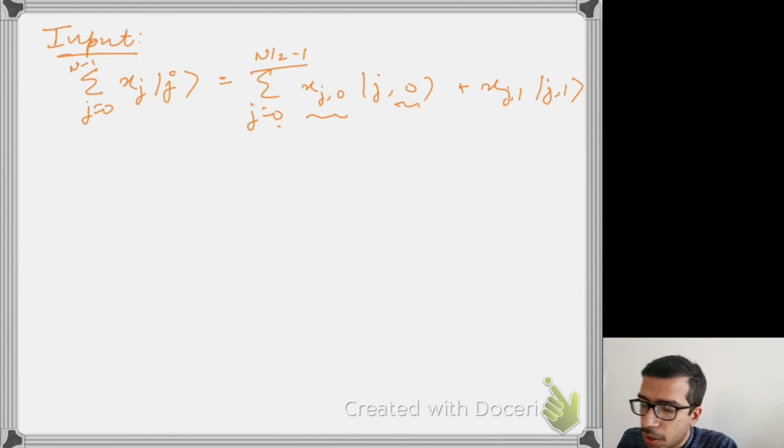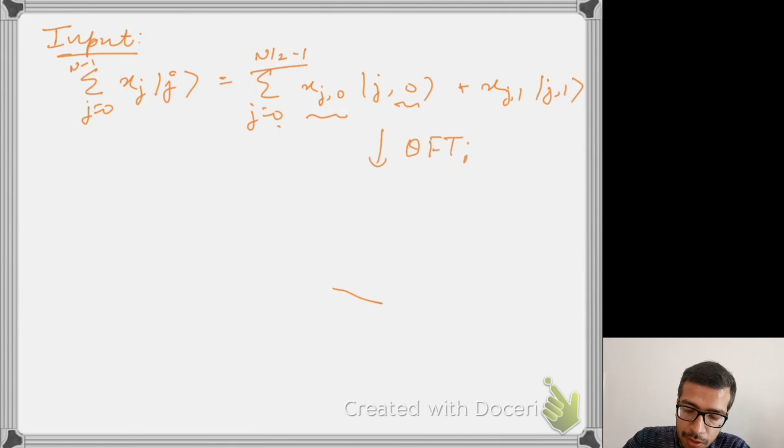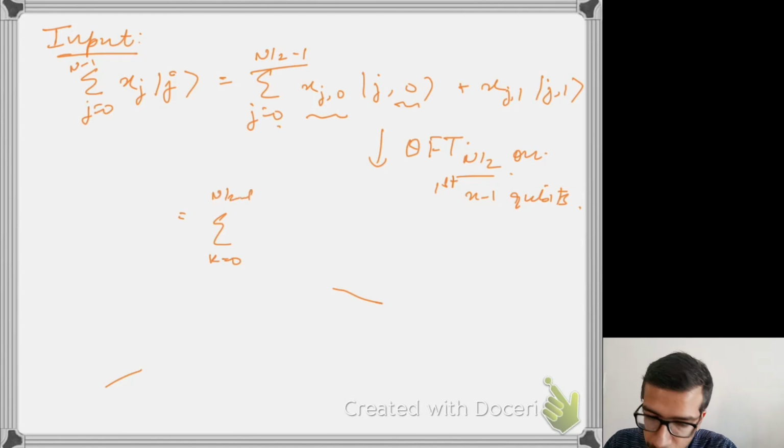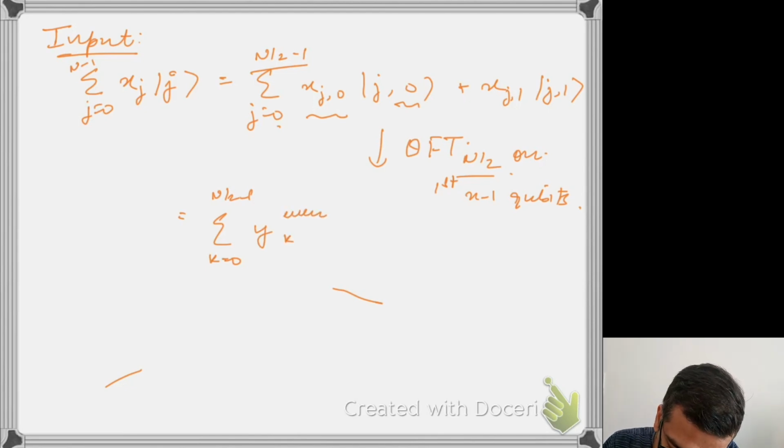Right? And now the way we do it is that we apply QFT of n by 2. Basically, we apply QFT on the first n minus 1 qubits. Okay, so that will give me sum over k 0 up to n by 2 minus 1 of yk even ket k comma 0 and then yk odd ket k comma 1.